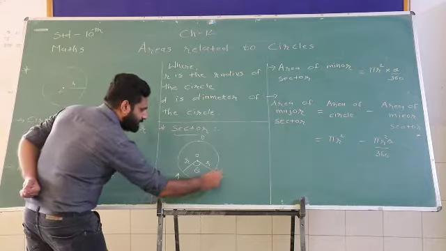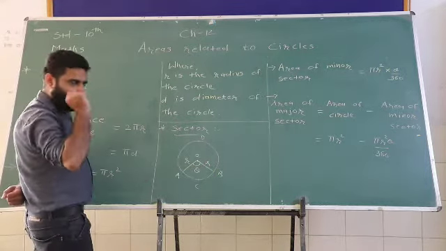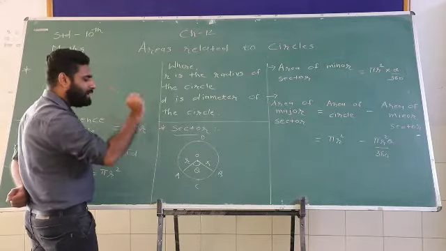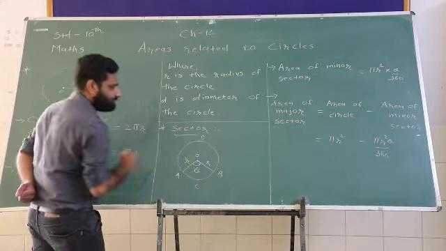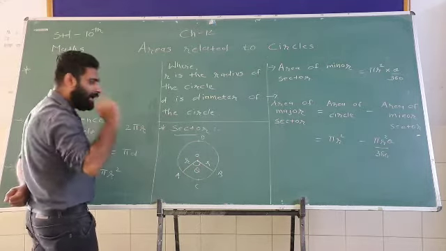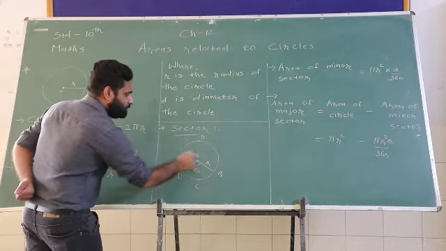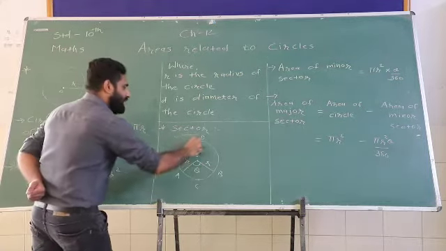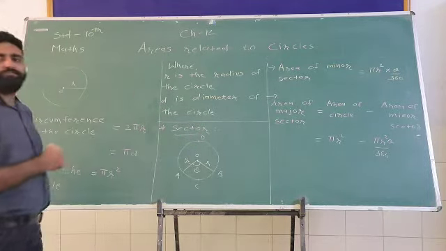ACB is the minor arc, ADB is the major arc. So the area enclosed by the minor arc and 2 radii is the minor sector, and the area enclosed by the major arc and the same 2 radii is the major sector.